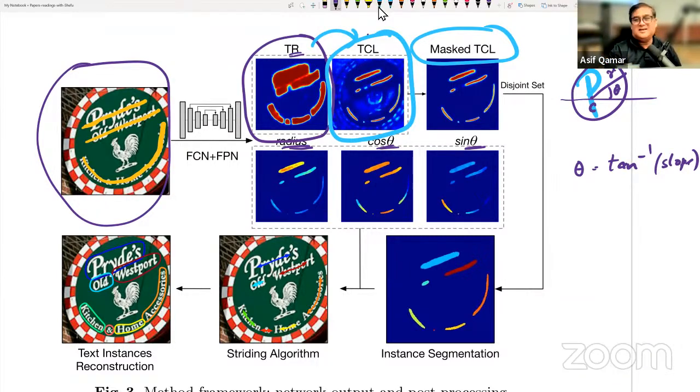So what you need is sine theta and cosine theta to know the slope, the tilt. Theta is a measure of the tilt, basically slope. So that is one way I looked at it. But if you have a better way to think through it, let me know. I may be wrong.